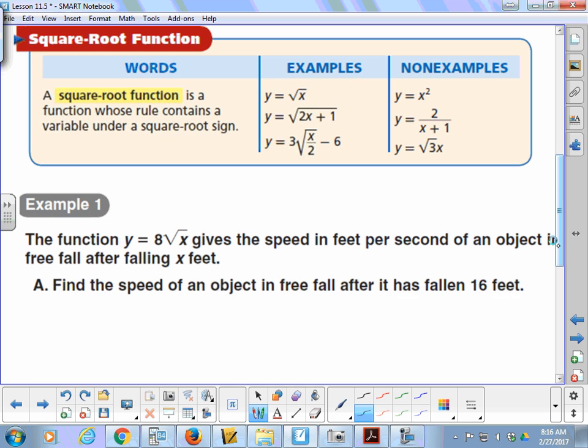The function y equals 8 square root of x gives the speed in feet per second of an object in free fall after falling x feet. Find the speed of an object in free fall after it has fallen 16 feet. Since x represents how many feet it's fallen, we're just going to put 16 in for x.